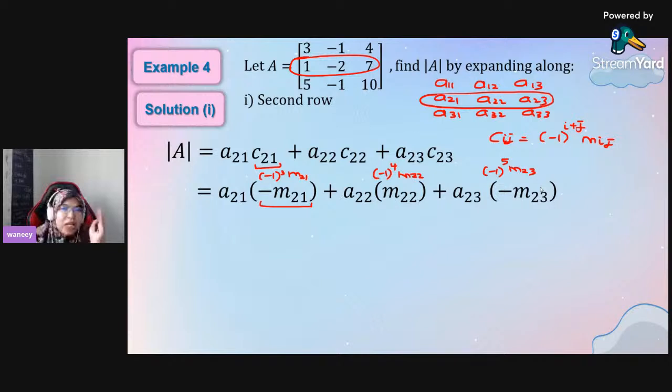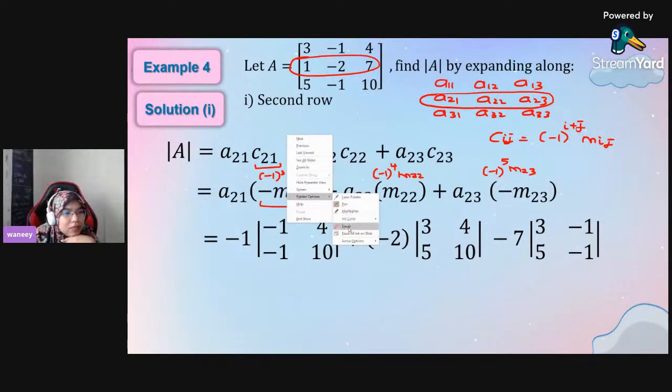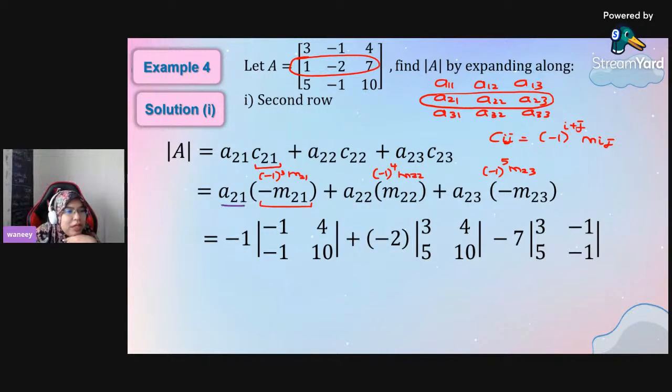So I have to write down the determinant form first. A21, the value is 1. And then after you delete second row, first column, you are going to get negative 1, 4, negative 1, 10. So we have to take that determinant.